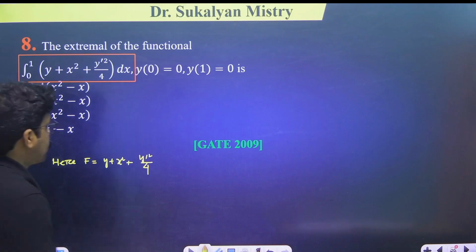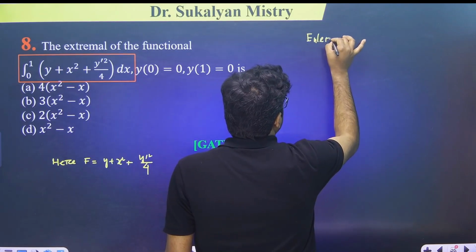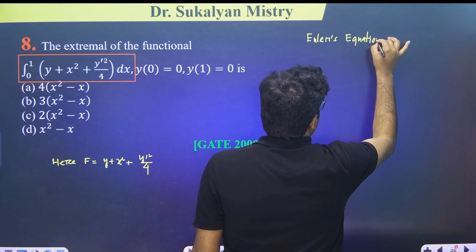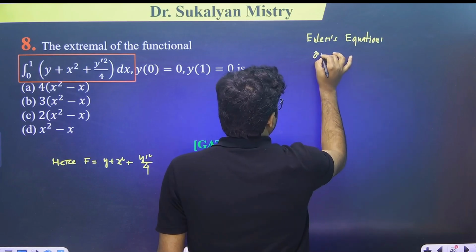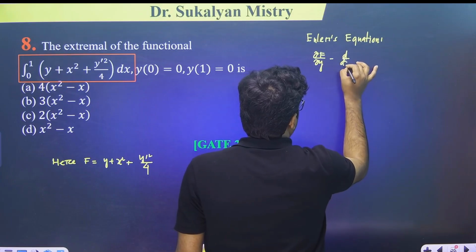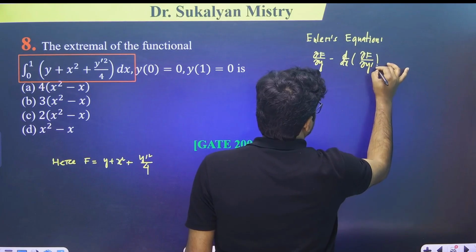Okay, what is Euler's equation? The Euler's equation is ∂f/∂y - d/dx(∂f/∂y') = 0.